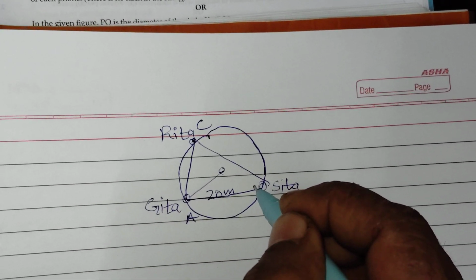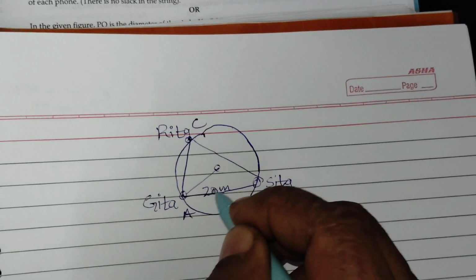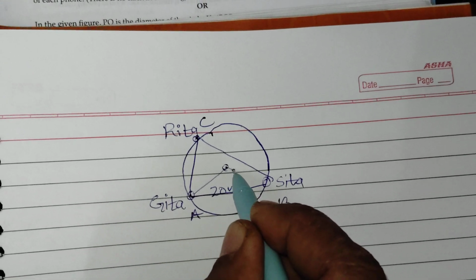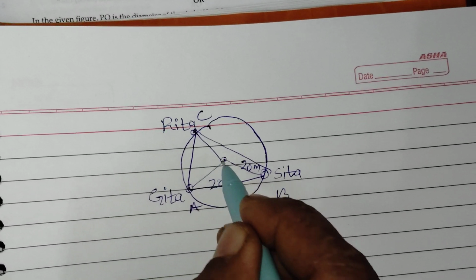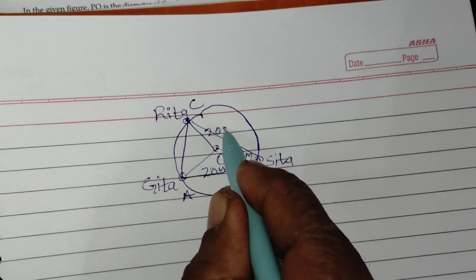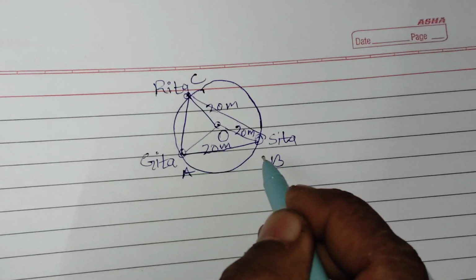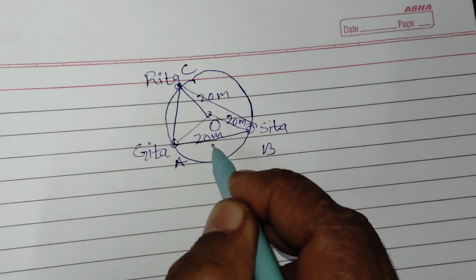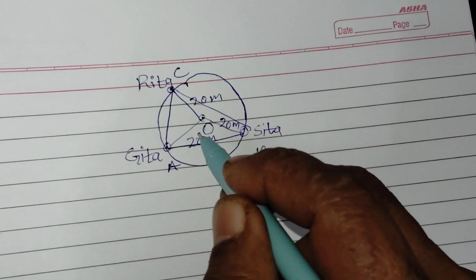Each angle in an equilateral triangle is 60 degree, and we have to find the string length. The radius is given, and this is also a radius of 20 meter. If we join with the center O, each radius is equal, so 20 meter is the radius given, and from this radius we have to find the side of the triangle. That is our answer.